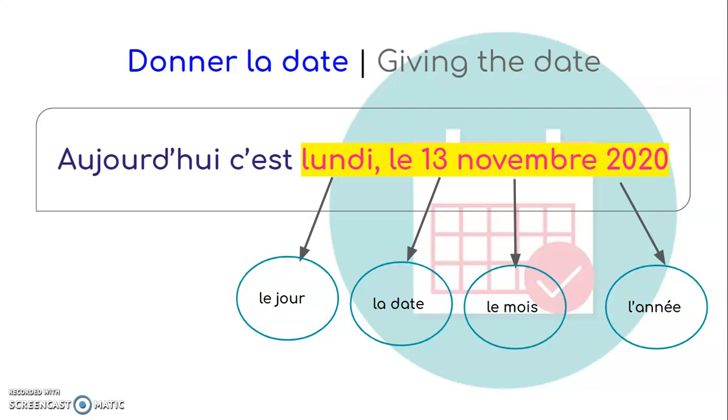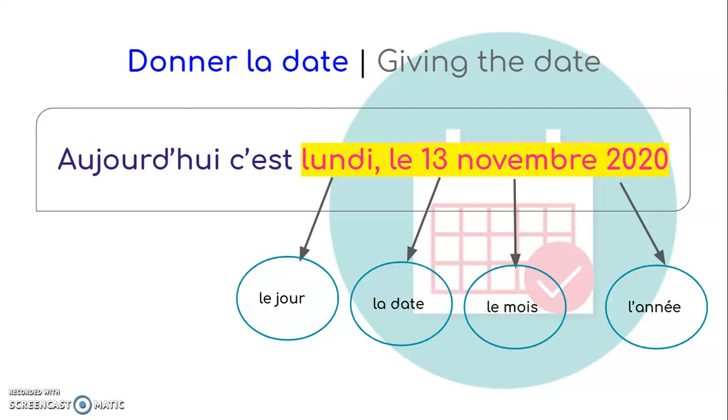So to say 2020, we would say 2020. So you know your numbers 1 to 20, as we would have looked at in previous classes. So all you have to remember is that you should put 2000 before those last two digits. In this case, it's 20, so it's 2020.